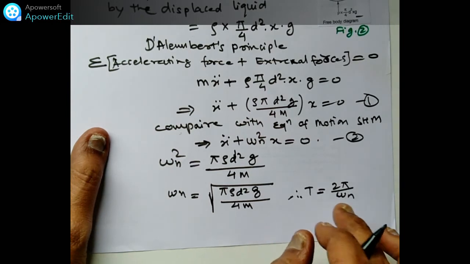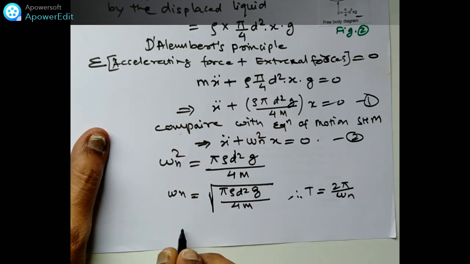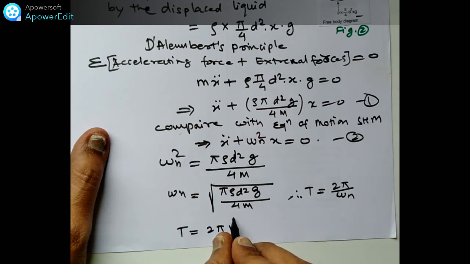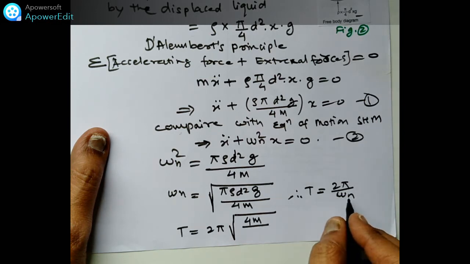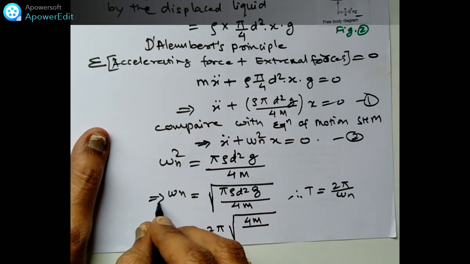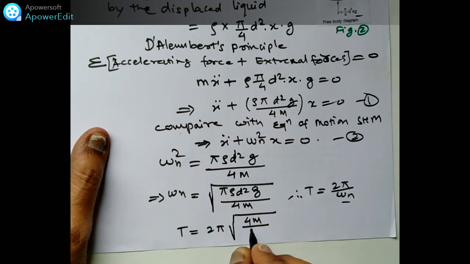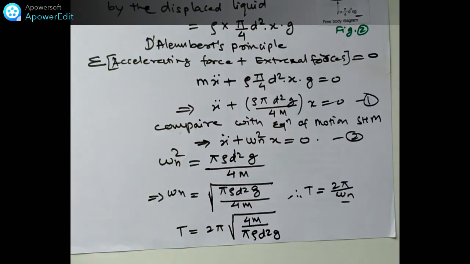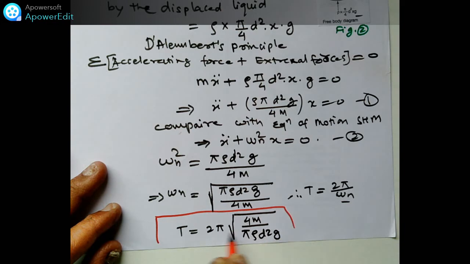I will write the final answer here: 2 pi into the square root of 4m, if we put the value of omega n here, it becomes reversed, and the remaining is d square into g. This is your final answer, found by using D'Alembert's principle.